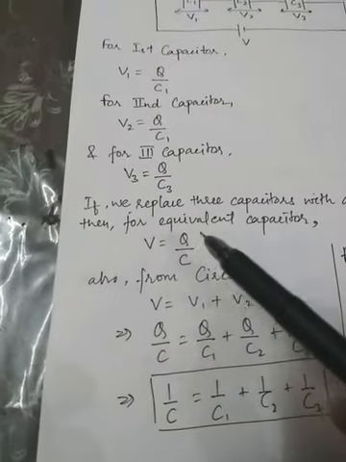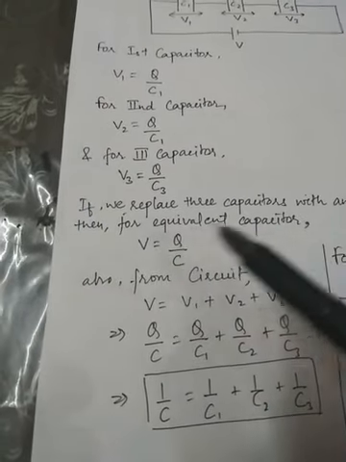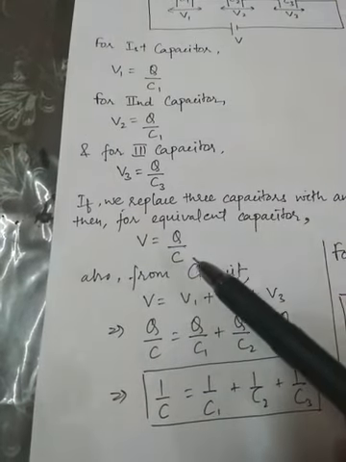So that's why for equivalent capacitor we can write V is equal to Q upon C.